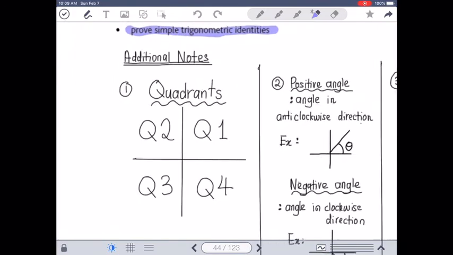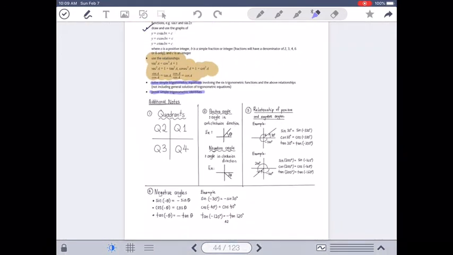In today's lesson, I will try my best to cover all the important points or important information that you will need to know in order to answer questions in this chapter.